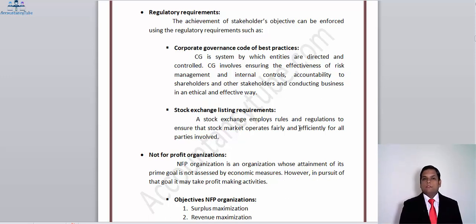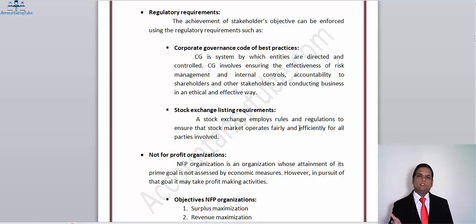The main purpose is that there should be a segregation of duties, so directors do not hold unfettered power. They are held accountable, and all directors and employees have a fair chance. These sort of things are incorporated in that.